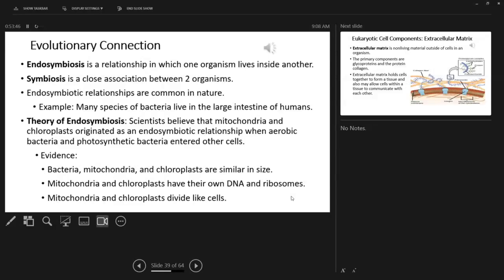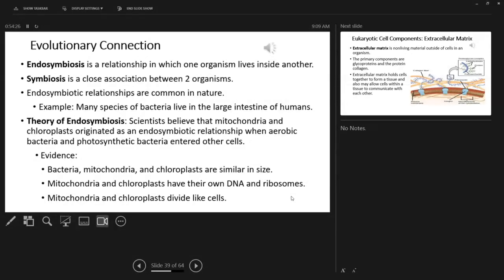But what about the other organelles? It's thought that chloroplasts and mitochondria started out as other free-living prokaryotic cells that pushed their way into another cell, and so this cell would just push its way in until it was in here, and that would explain why chloroplasts and mitochondria have a double membrane surrounding them, because of the way they would push in and the plasma membrane would wrap around it.